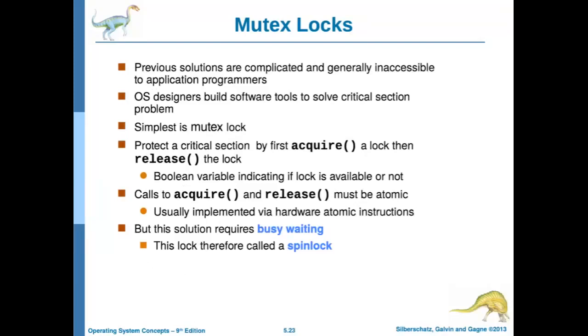So rather than provide access to low level instructions, it is better to have some sort of API, application programmer's interface, because these are all privileged instructions. So operating system designers have to provide some sort of software tools for that. And one such software tool is called the Mutex Lock.